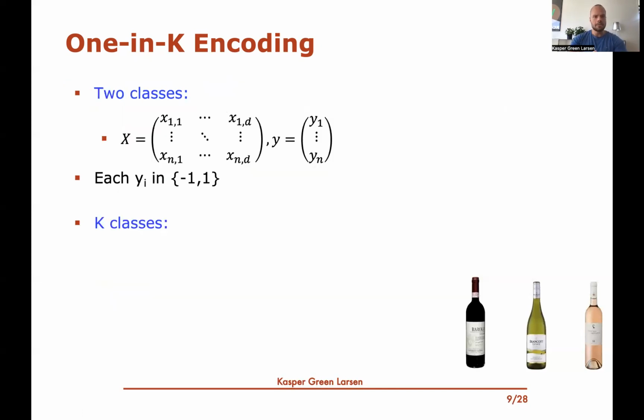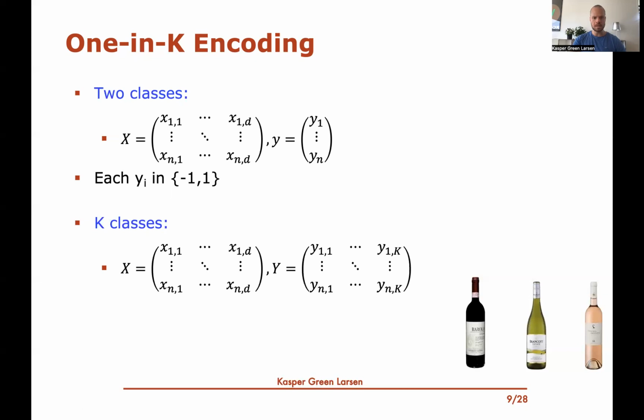Now, if we had 2 classes, we represented the input data as a matrix X that had the feature vectors as rows, and a vector Y that had the labels as entries. It's a column vector here. And each of these entries in the column vector was -1 or 1, corresponding to the 2 classes. Now, if we go to the k classes, the data matrix X is still the same, but the labels now form a matrix.